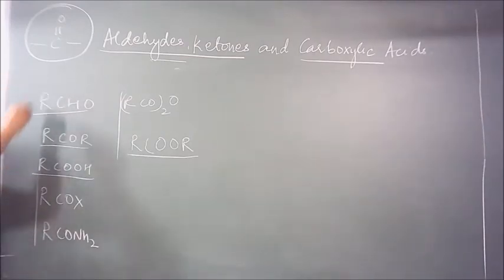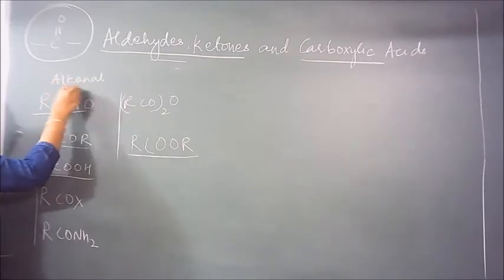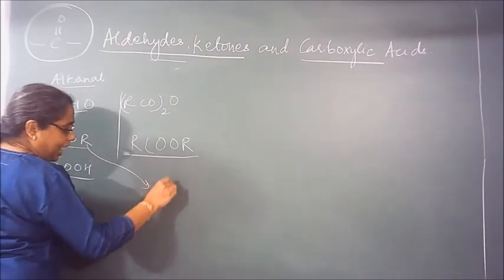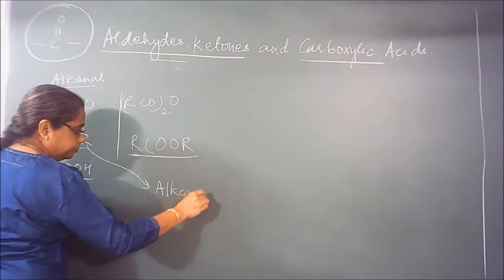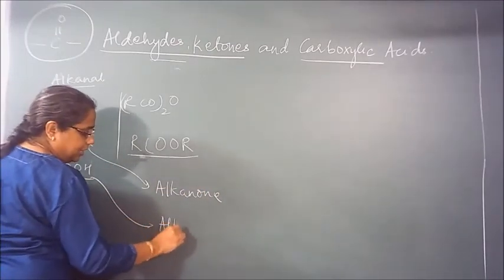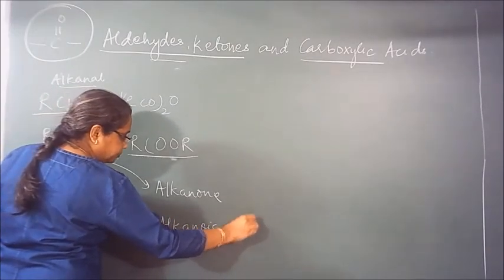Aldehydes are named as alkanal. Ketones are named as alkanone. RCOOH is named as alkanoic acid.